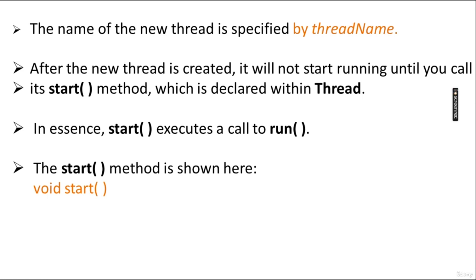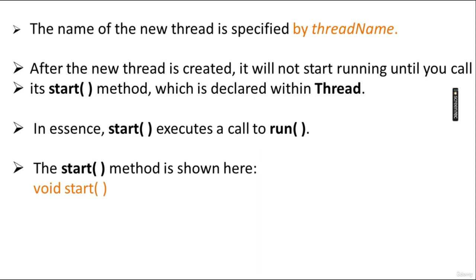After the new thread is created, it will not start running until you call t.start. This is very important. Sometimes you have understood the complete threading, you are implementing the Runnable interface and its run method, and you are writing the code. In the main method, you create the object: Thread t = new Thread.